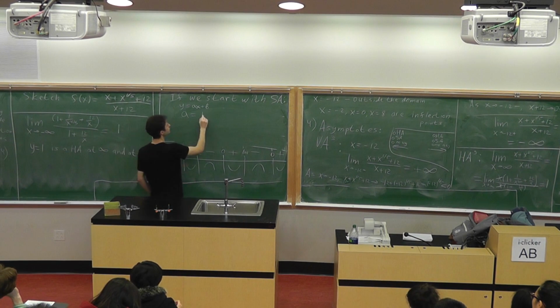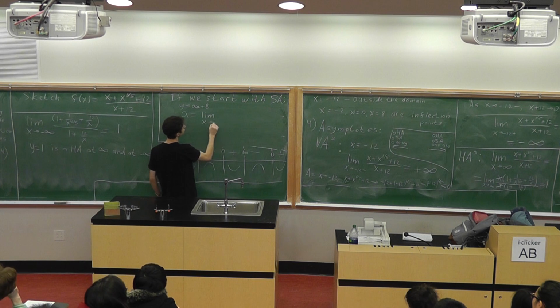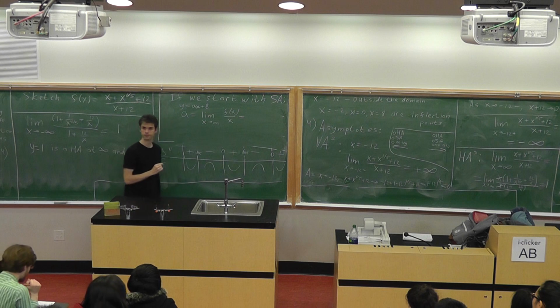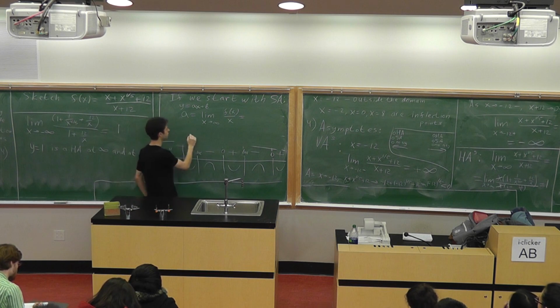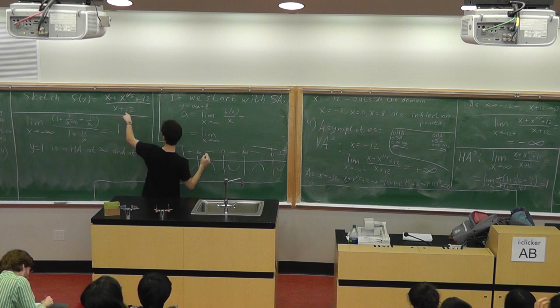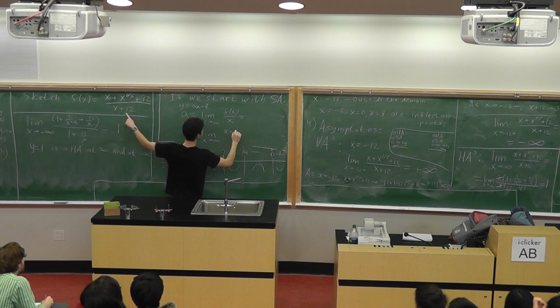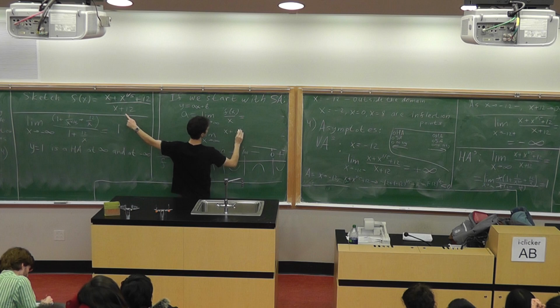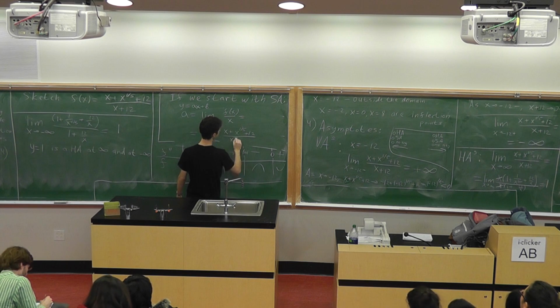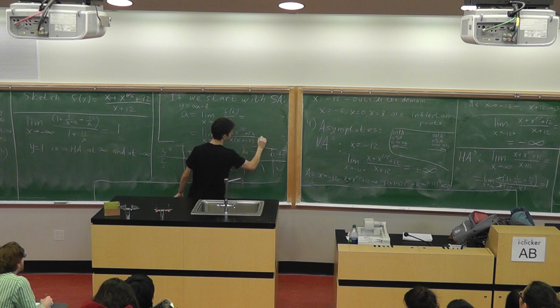A must be the limit as x goes to infinity of f of x over x. Then we'll find it like this. It's the limit of (x plus x to the power 1/5 plus 12) divided by x and by (x plus 12).